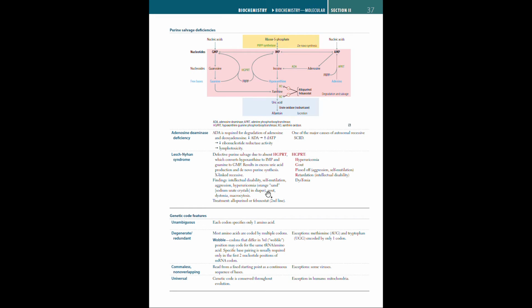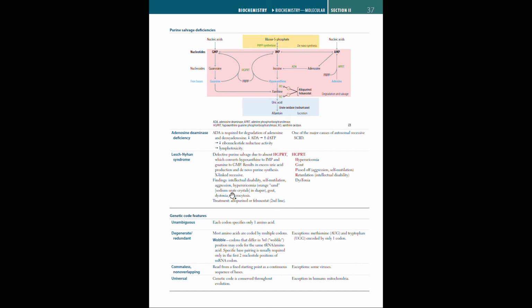So aggression, hyperuricemia, HGPRT is one of the mnemonics to remember the symptoms of Lesch-Nyhan syndrome. Orange sand, sodium urate crystals in diaper. So I think by diaper they mean these patients are young, and as it says purine defective, it should be more like a congenital deficiency.